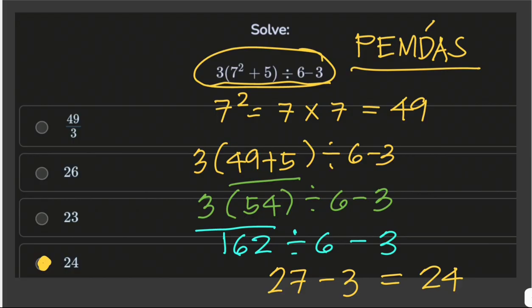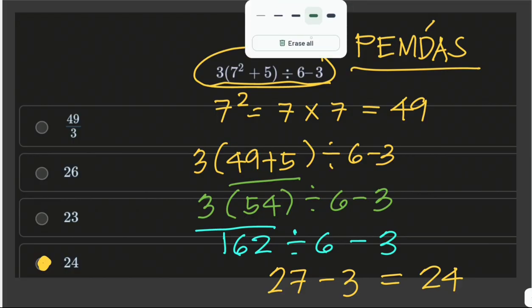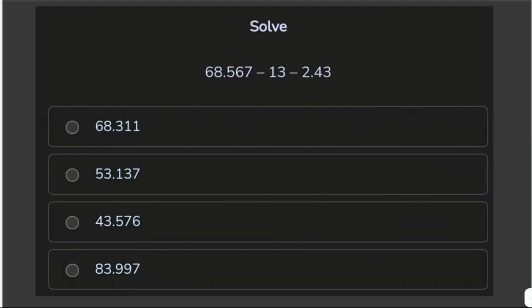Let's solve another problem. Alright, we're given this problem here. We subtract, and in this case, we're given decimal numbers and a whole number. So we subtract 68.567 minus 13 minus 2.43.